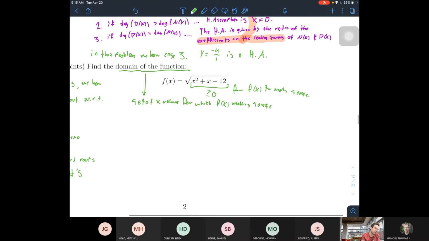Therefore, we need to find the set of x values for which this quadratic expression is larger than or equal to 0, i.e., we need to solve the inequality x squared plus x minus 12 is larger than or equal to 0. This is what we want.